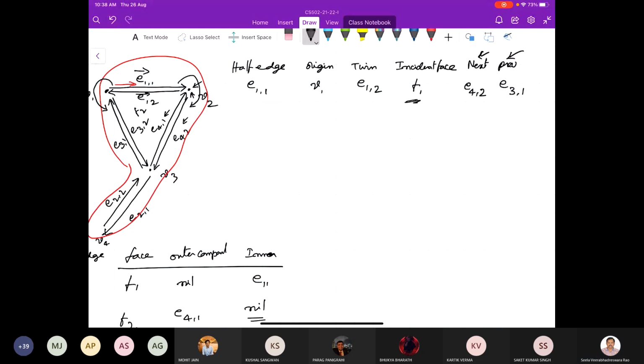We have to store the half-edge for which this V2 is the origin. We store this because when you travel from E11 to E42 using the next pointer, the boundary of face F1 is reported in this order, one edge after another. That is the purpose of storing the next one. You got it?